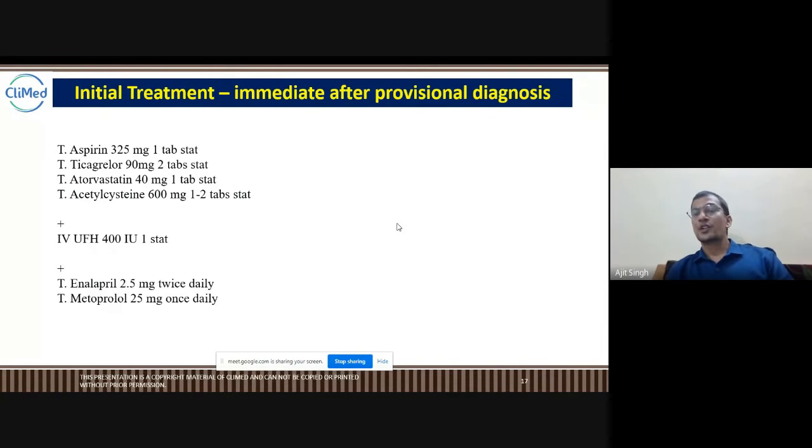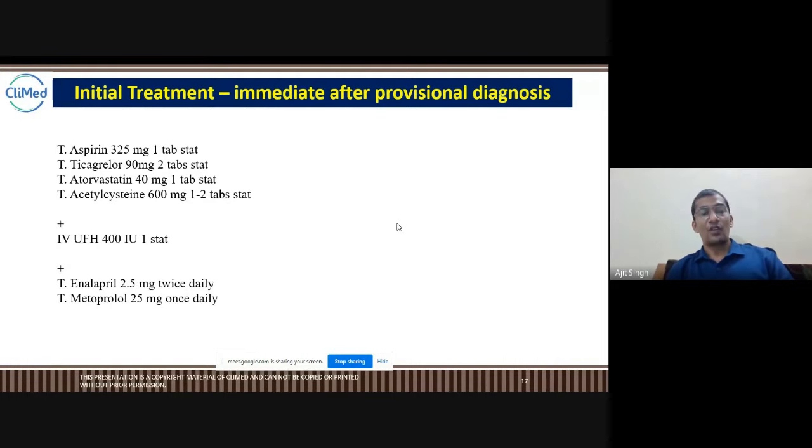Whenever you are treating the patient, you have to give a loading dose of anti-platelet drugs, and along with anti-platelet drugs, statins also. So this is a drug combination for MI or ACS. You should start with the loading dose, one dose, the highest one: aspirin 325, ticagrelor 180 mg in one shot.